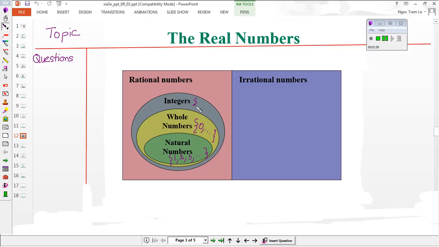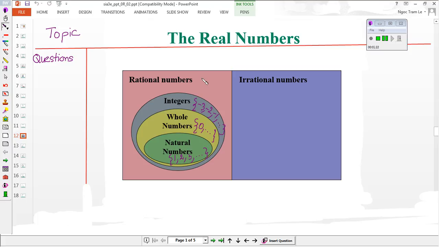So the set of integers includes negative numbers such as -3, -2, -1, and then 0, 1, 2, 3, and so on. And then the set of integers is a subset of rational numbers. So what are rational numbers?